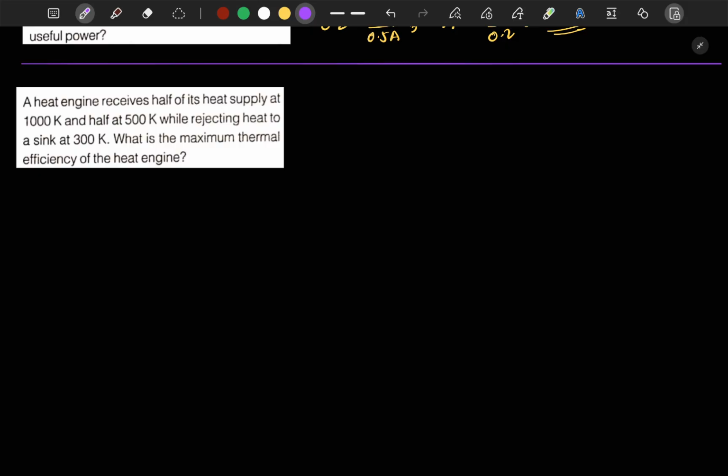Okay, so it is mentioned that there is a heat engine here, and this heat engine receives heat from two sources. One source is at 1000 Kelvin, another source is at 500 Kelvin, and from each it takes Q by 2, half the heat.